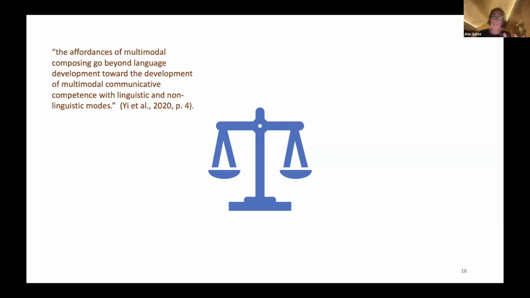However, as language instructors, we are interested in language development, and this is very important for us. And we cannot overlook the importance of the development of the language. So going back to the idea of feedback, the question that we need to ask ourselves is, how do we provide feedback to our students' multimodal texts and focus on both linguistic and non-linguistic aspects?